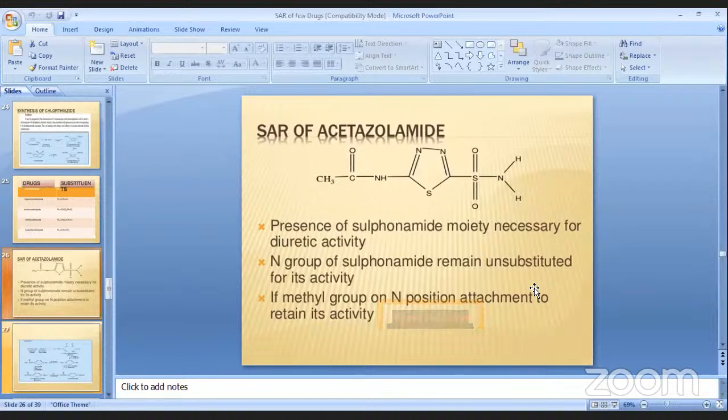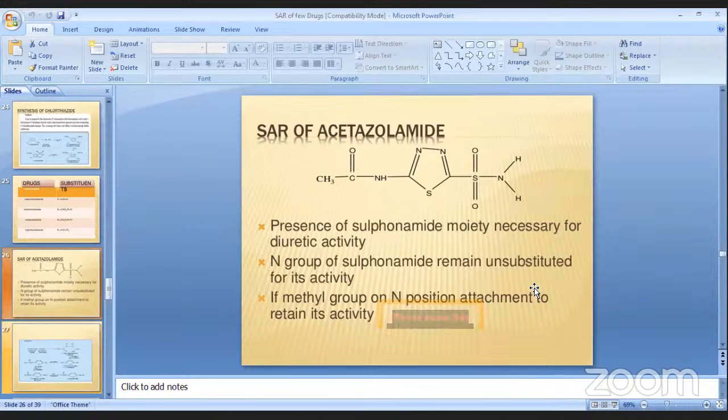If you substitute one hydrogen of the sulfonamide N, the activity will remain the same. If one hydrogen is replaced by a methyl group, that is methazolamide, you can get activity. But whenever both hydrogens are replaced by other groups, the molecule becomes inactive.